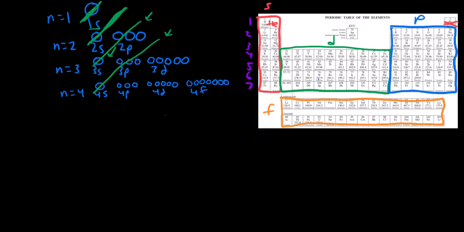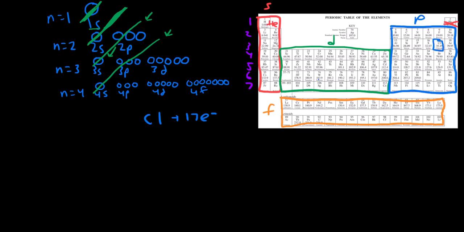So for our last example of this video, we're going to look at Cl, or chlorine, and we can see that that has 17 electrons. So we're going to find chlorine on the periodic table, which is right here.